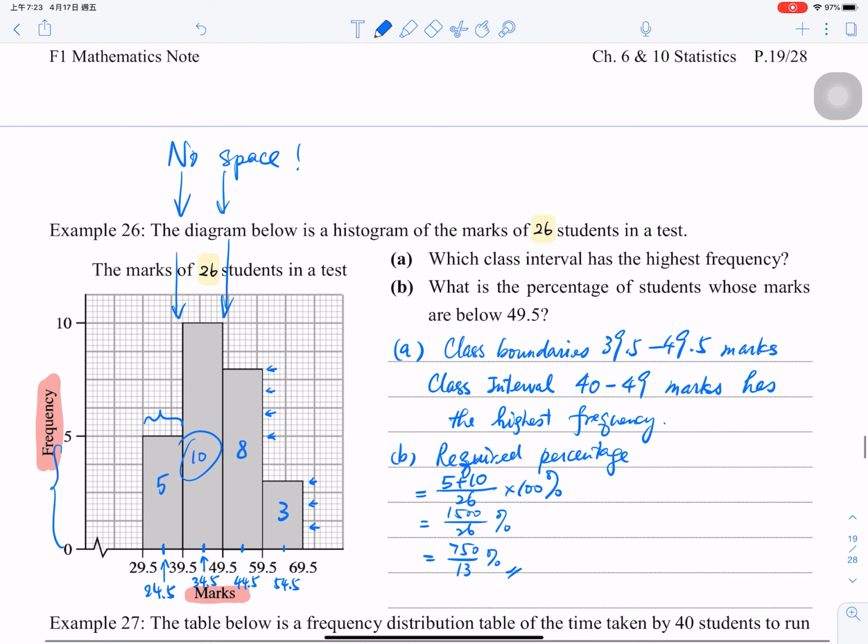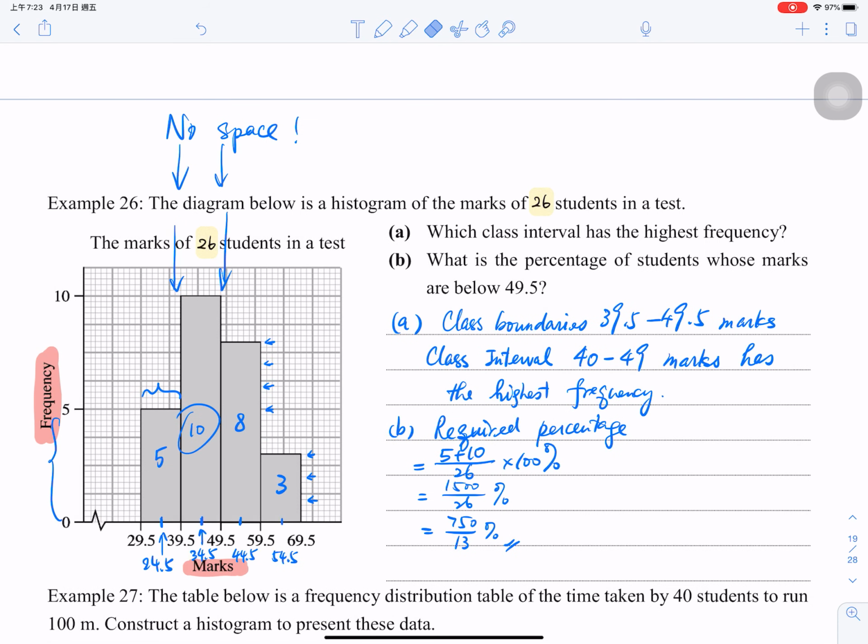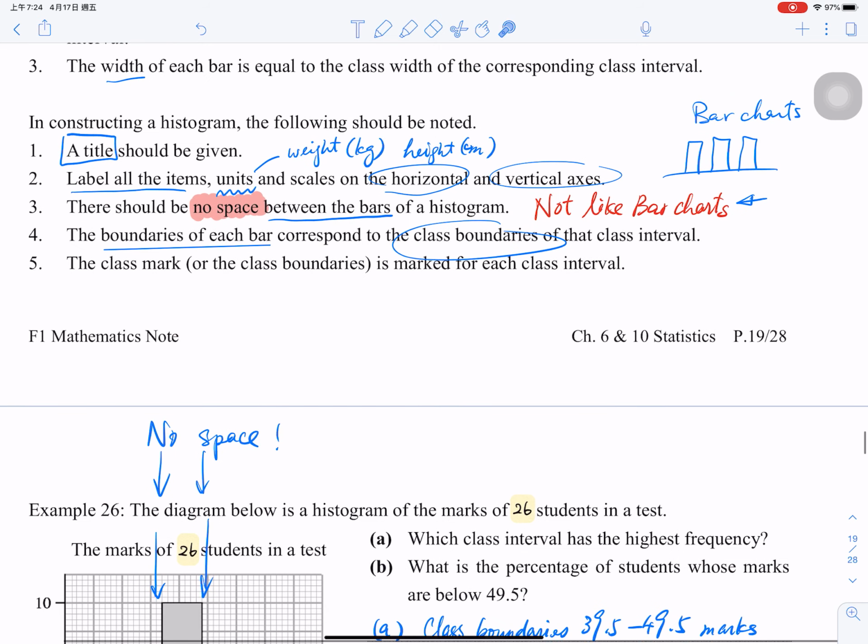So that's why just now we looked at the highest frequency here, which is 39.5 and 49.5. So this one is the class boundaries, not the interval. Okay, the 5th one: class mark or class boundary is marked for each class interval.